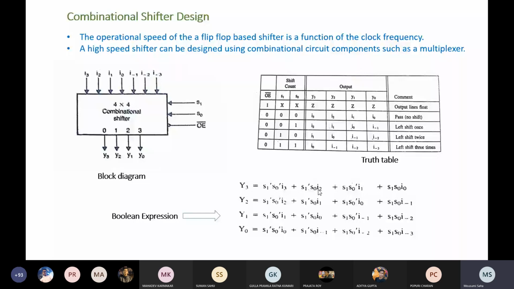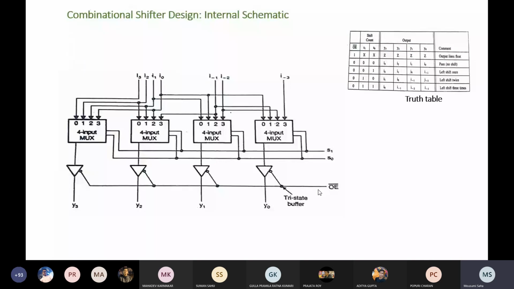So 7 inputs and 4 outputs, and 2 control lines are there: select lines and output control bar. That is a tri-state buffer circuit. Sometimes we want to read or we don't want to read, so depending on that, we can have the values Y3, Y2, Y1, Y0.